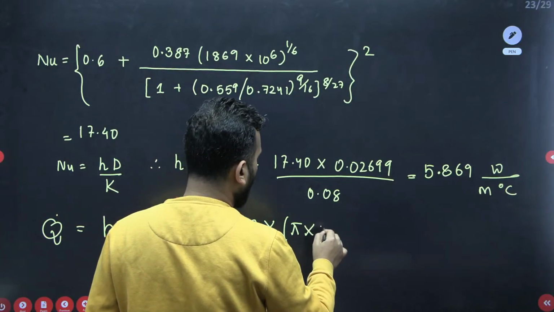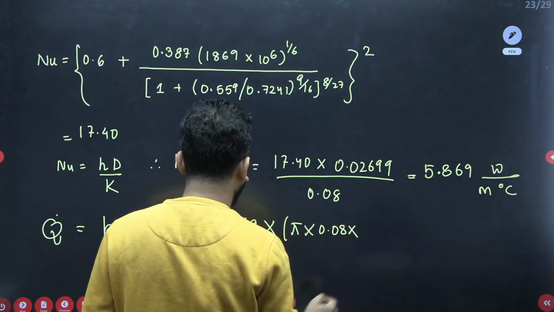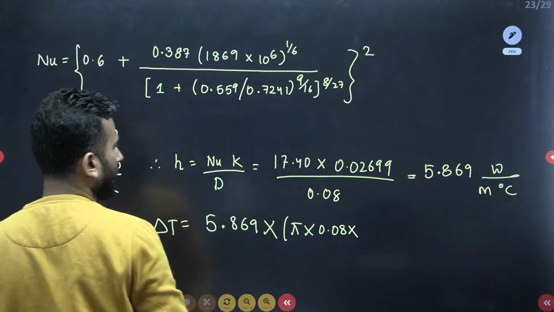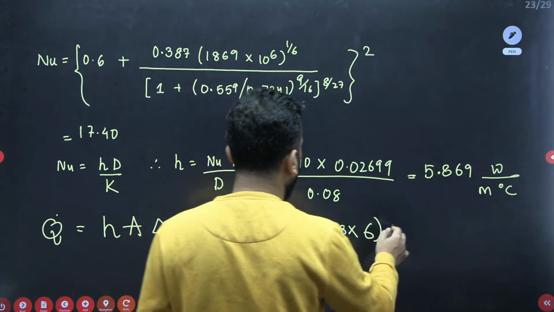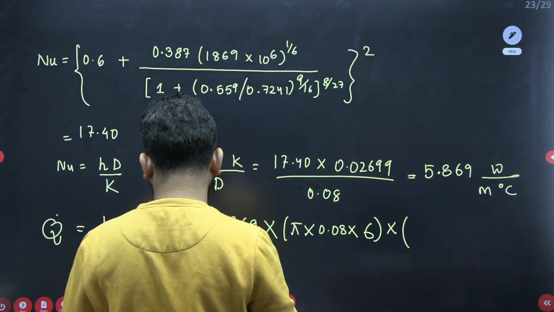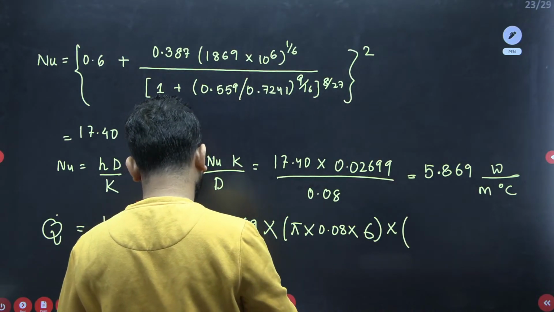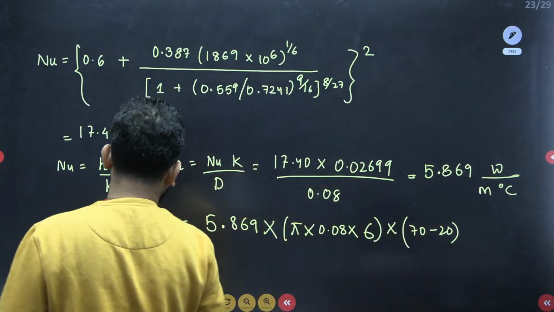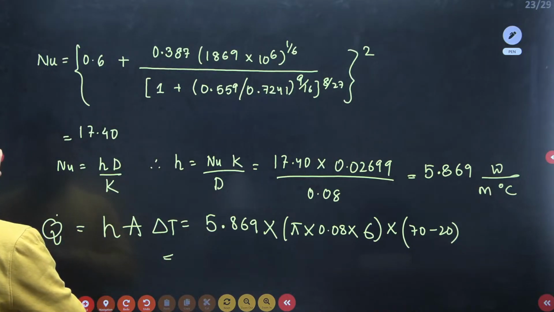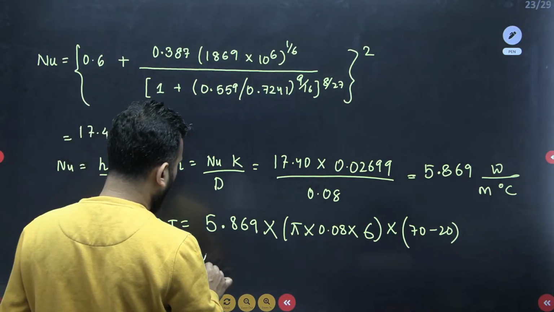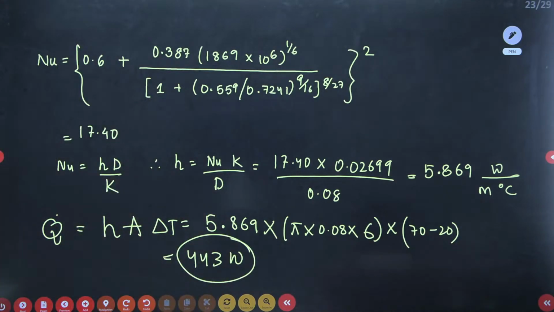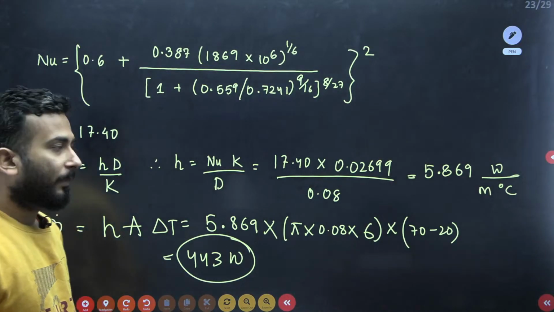So pi into, and what is the length? 6 meter. Pi dL, and delta T is 70 minus 20. So when you solve this, you will get your answer to be 443 watt.